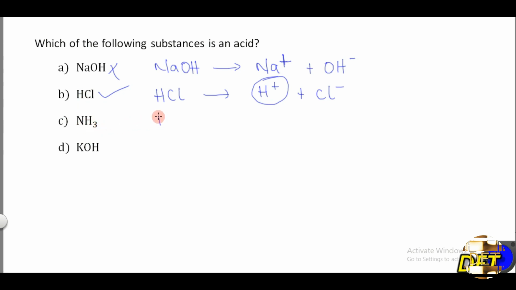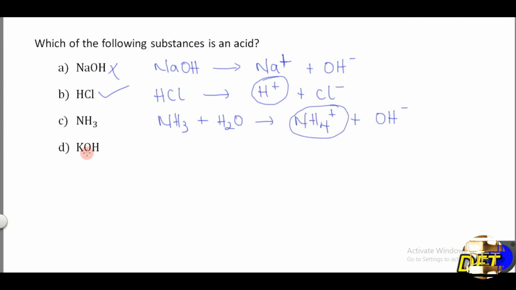So ammonia, is ammonia an acid? No, because when ammonia dissolves in water, it dissolves to produce ammonium ion and what? OH ion. So it is not an acid because ammonium is the only positive ion that is produced here.